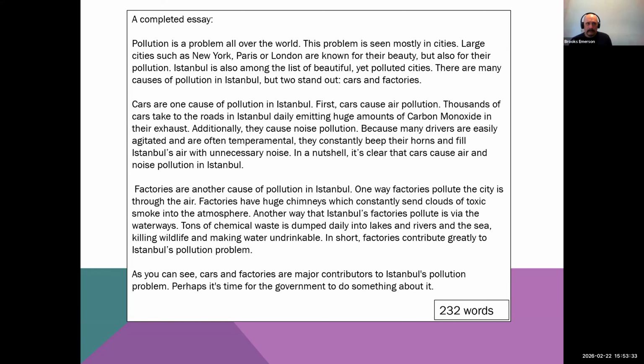But try to get as close to what the teacher wants as possible. You do that by really working on the explanation sentences, where you give all your information.